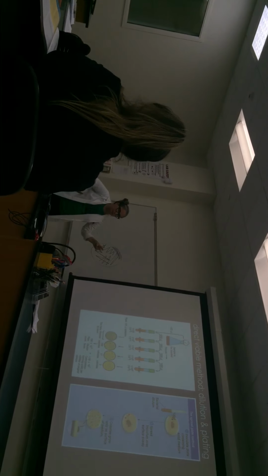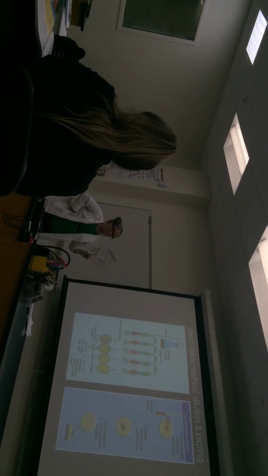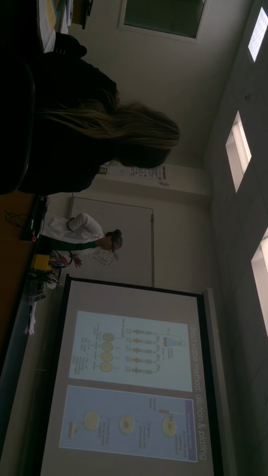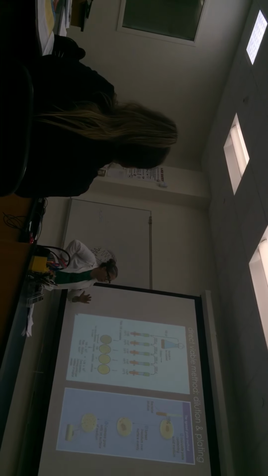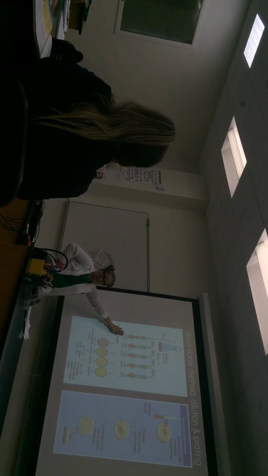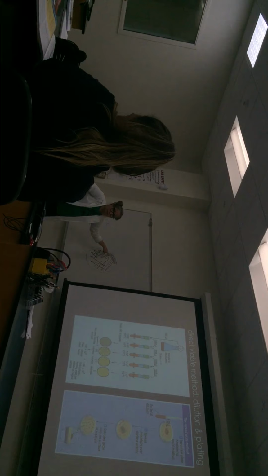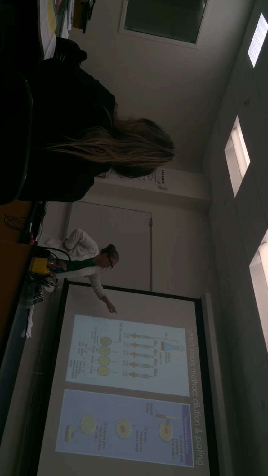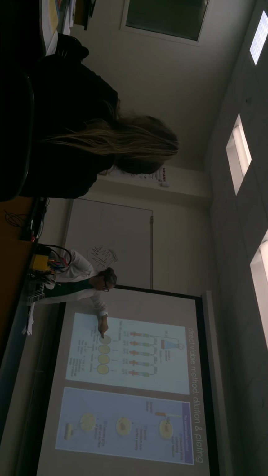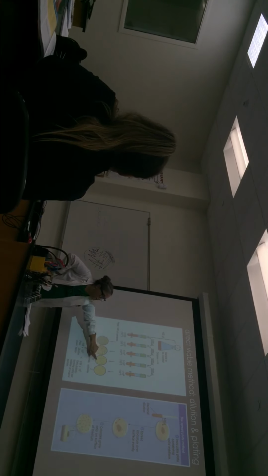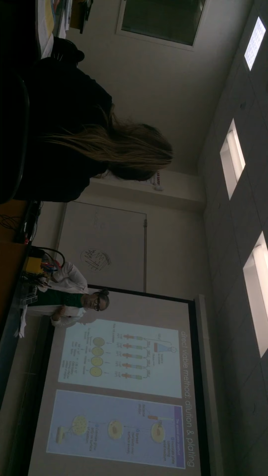Yes? Yeah, so that's what I was asking, when it comes to plating them, are we plating each dilution or just the last dilution? Yes, each. We won't do this one because we know, just like the primary zone, there's going to be too much. But we will plate this tube onto this plate, this tube onto this plate, this tube onto this plate, and this tube onto this plate.